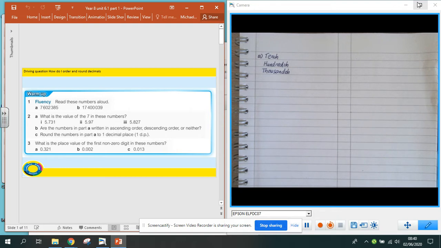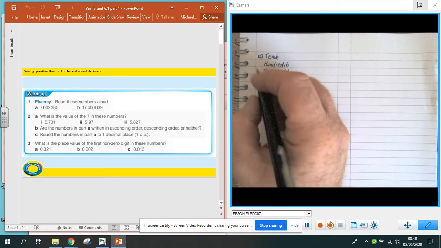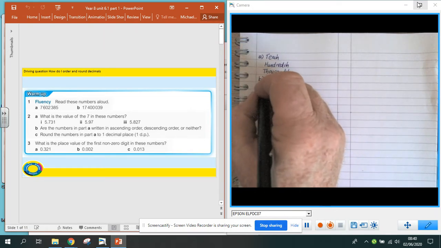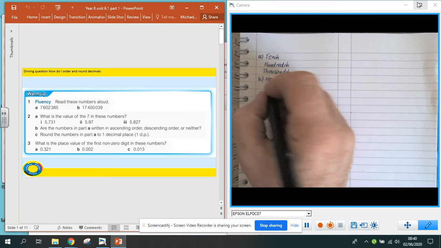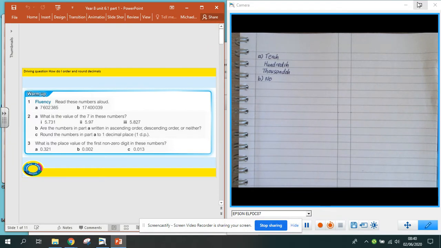The next number, the tenths, we have a 7, a 9, and then an 8. Well, 7, 9, 8 is not in an order. So the answer to part B is no order, because they're neither in ascending order nor descending order. They're sort of higgledy-piggledy.